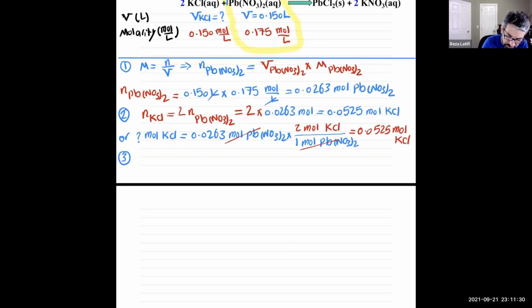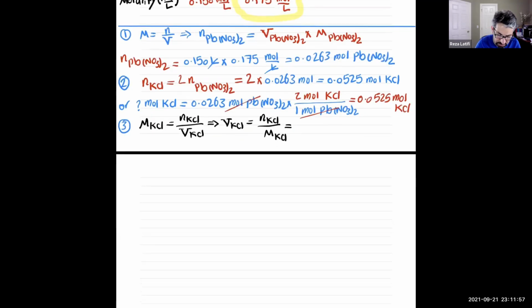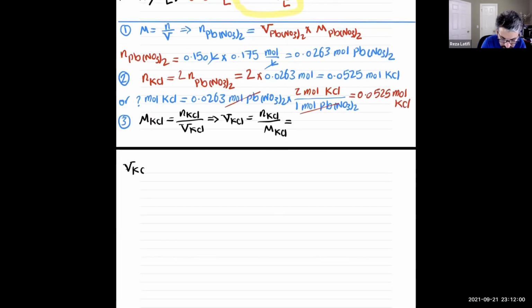go with this. Molarity of KCl equals number of mole of KCl divided by volume of KCl. We're looking for the volume. Volume will be number of mole divided by molarity. So you go number of mole, we just got it, is 0.0525 mole of KCl divided by molarity of KCl, which is given, 0.150 mole over liter.